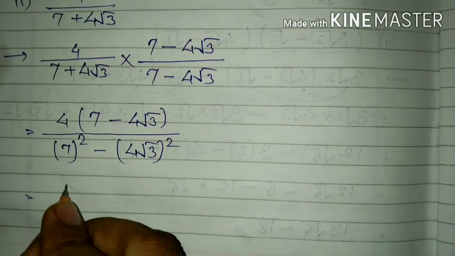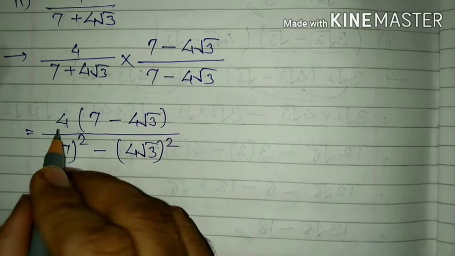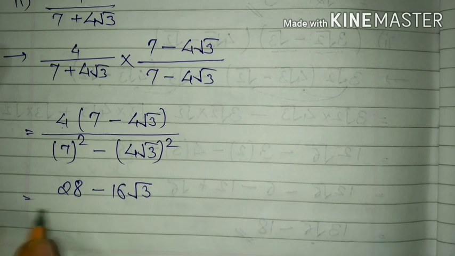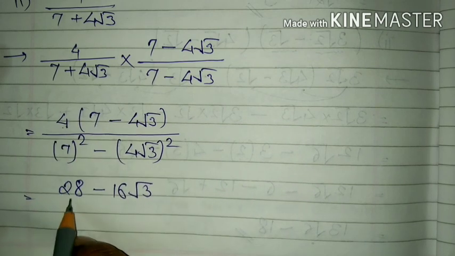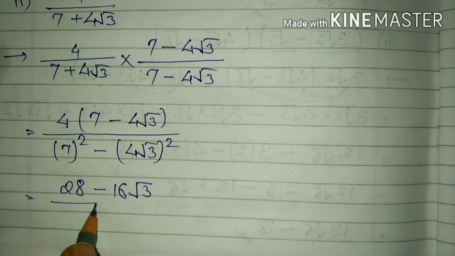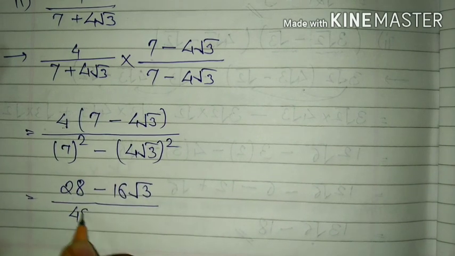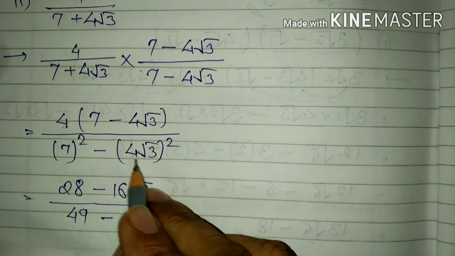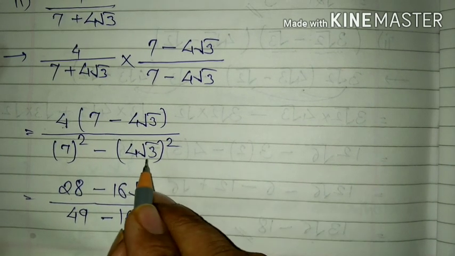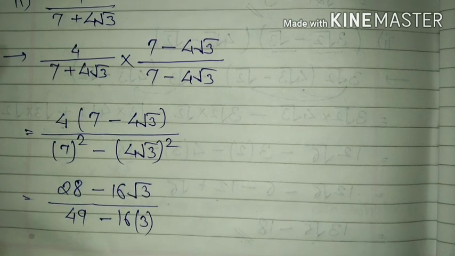So 4 7s are 28 minus 4 4s are 16 root 3 upon 7 square, that means 49 minus 4 root 3 square, 4 square 16 and root 3 square 3.